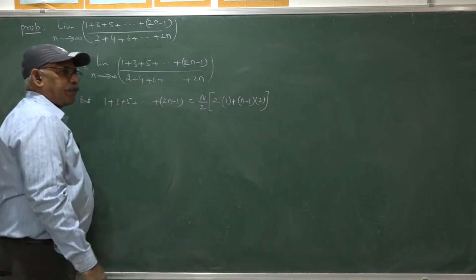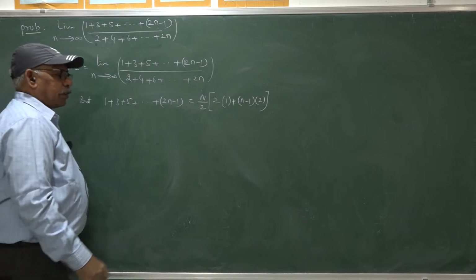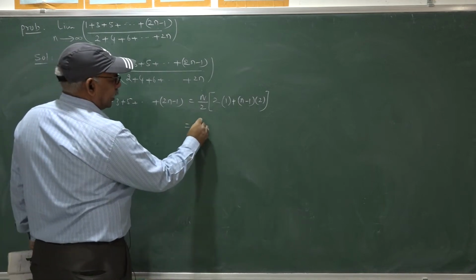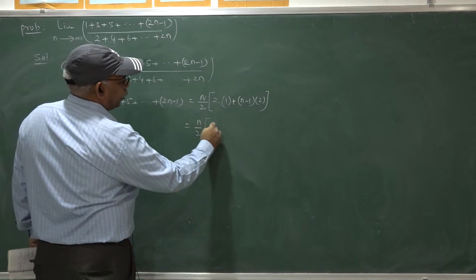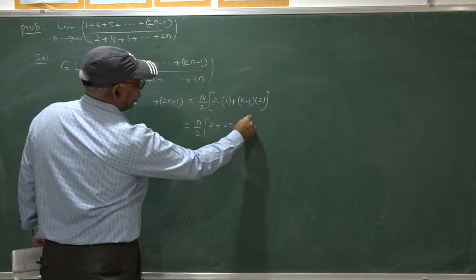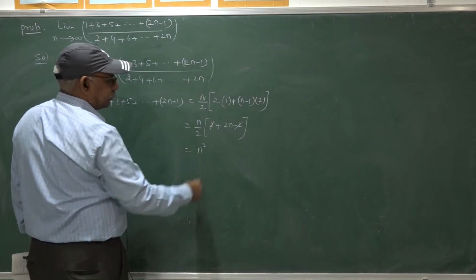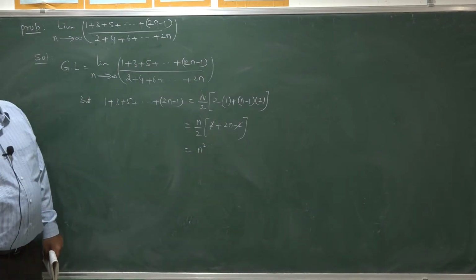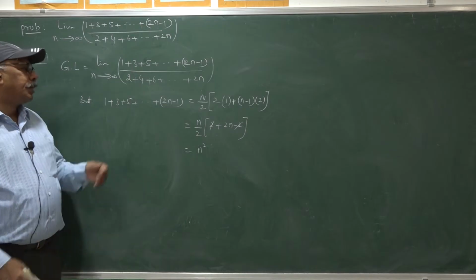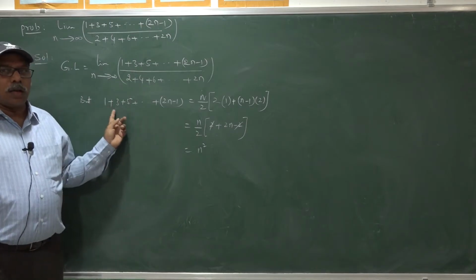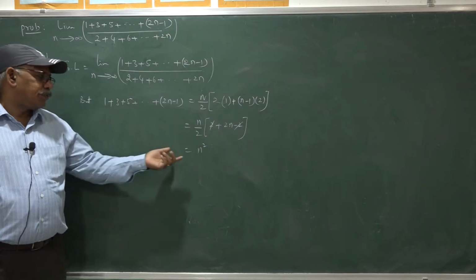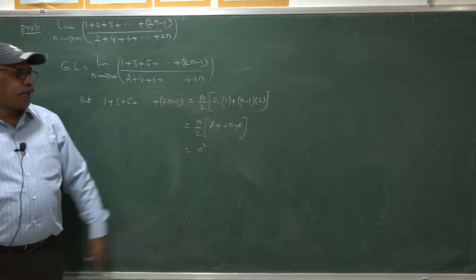So n by 2 into 2 plus 2n minus 2; these 2 cancel and these 2 cancel, giving n square. That means the sum of the first n odd natural numbers is n square.